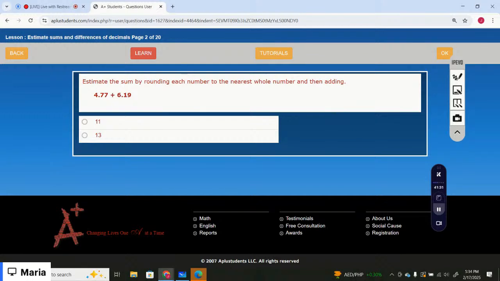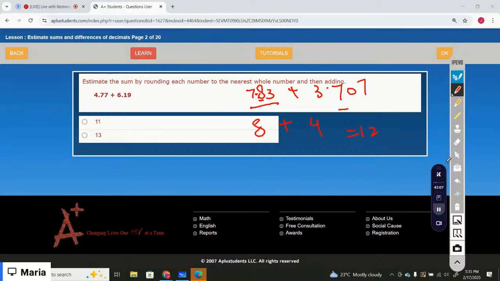4.77 plus 6.19, which is the correct option? 4.77 is rounded off to 5 and 6.19 is rounded off to 6.